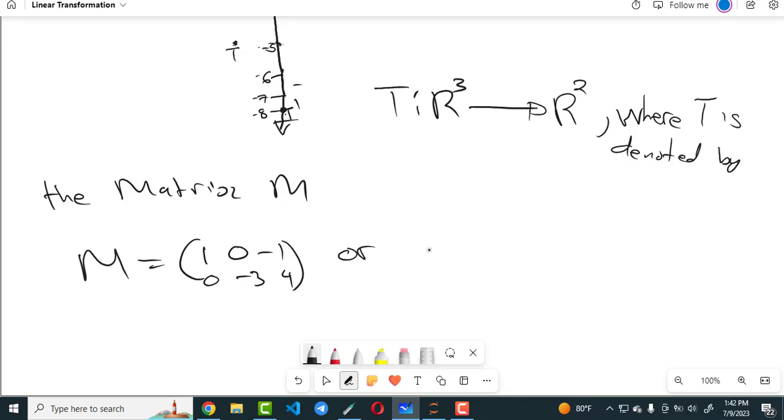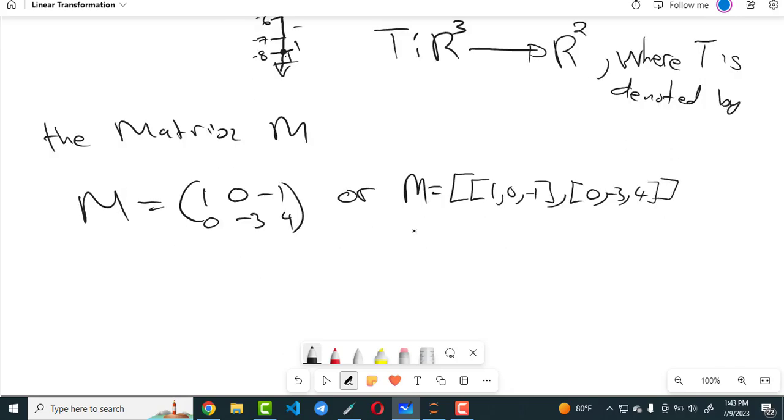Or if we are in Python, we are saying M is equal to square bracket, 1, 0, 1, our list, then another array, 0, minus 3, and 4, another array, then we close our square bracket. This is how we can represent it in Python.